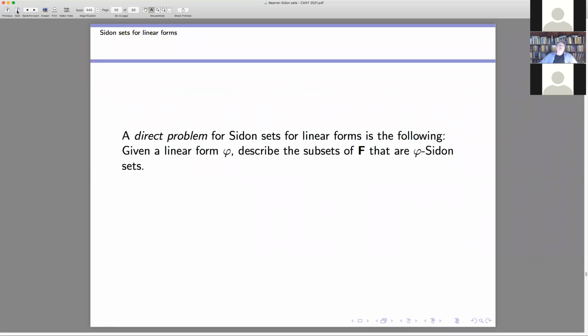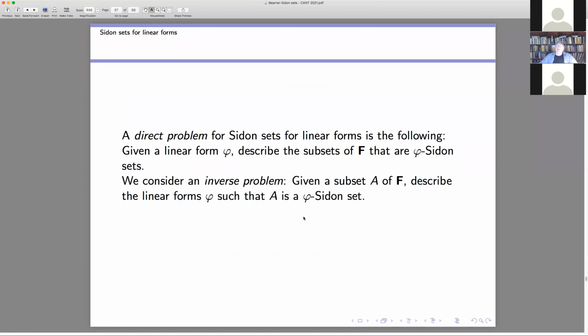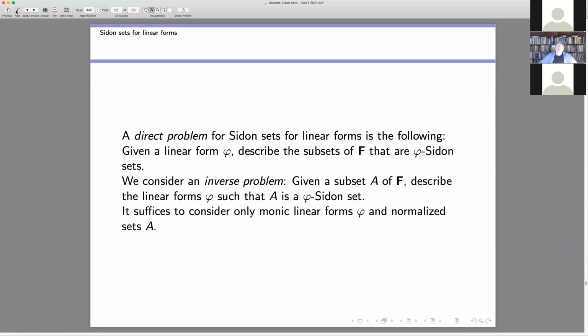But you could ask the inverse problem when you're looking at linear forms. If you're given a set A in your field, what are the linear forms for which the set A is a Sidon set? And we can start by looking, you only have to look at monic forms, and you only have to look at normalized sets. So you can assume that the first coefficient in the form is 1.